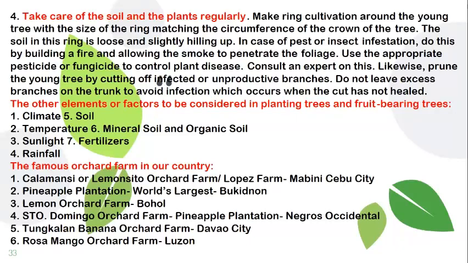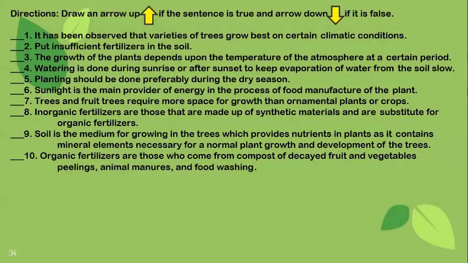So there you have it. Let's have your assessment. Prepare your activity notebook. And of course, your pen. Since you are all ready for your assessment. Direction. You have to draw an arrow up if the sentence is true and an arrow down if it is false.